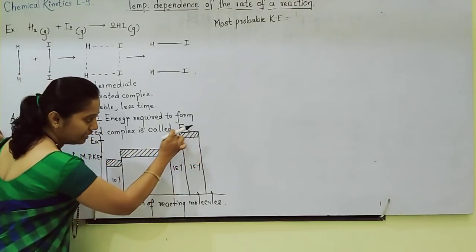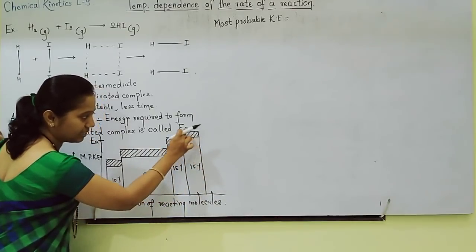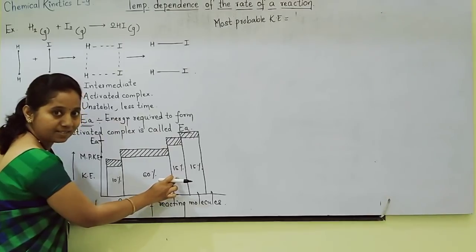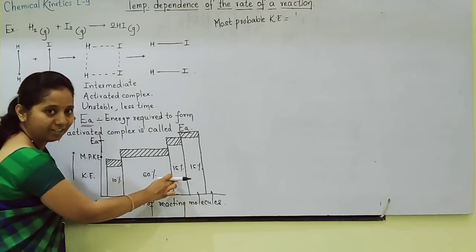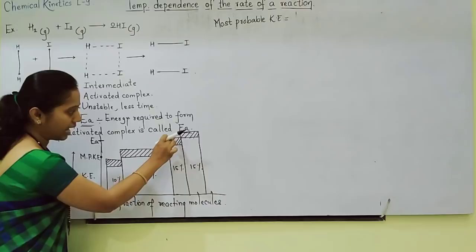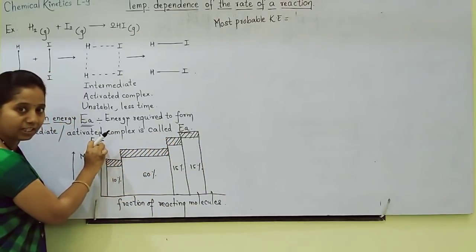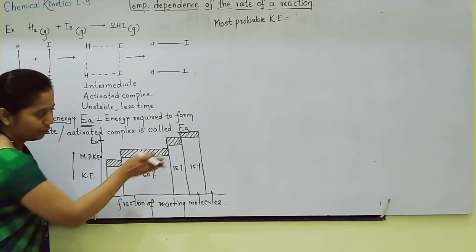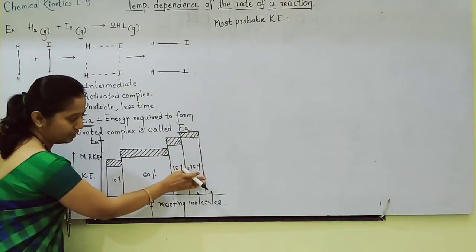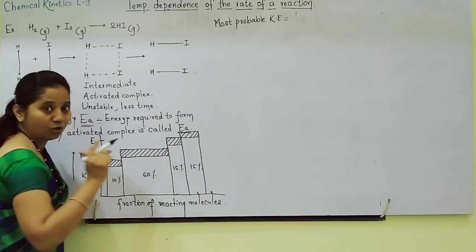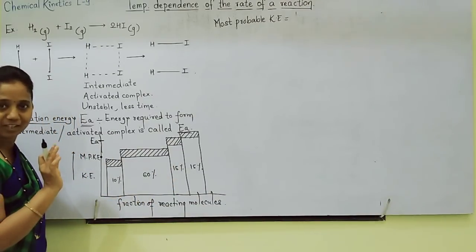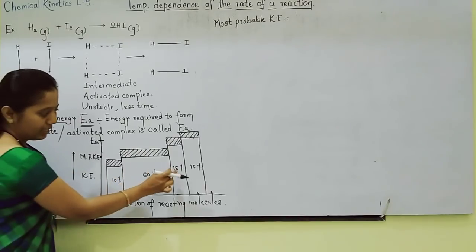So this is the fraction of reacting molecules, this is the Boltzmann factor. Fraction of molecules of reactants having kinetic energy either equal to activation energy or greater than activation energy. These two columns represent the Boltzmann factor. Understood very well, students?